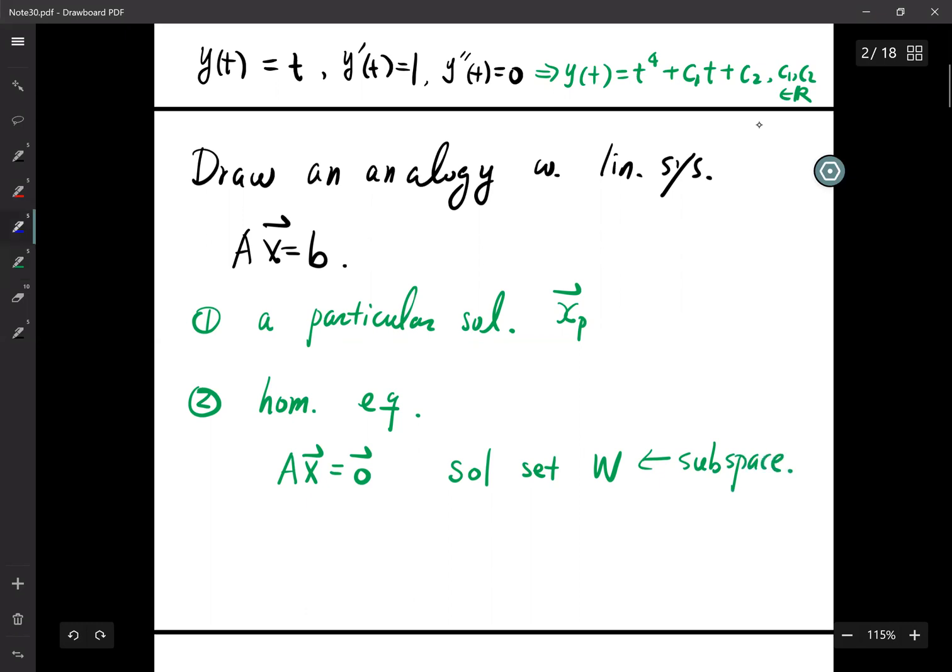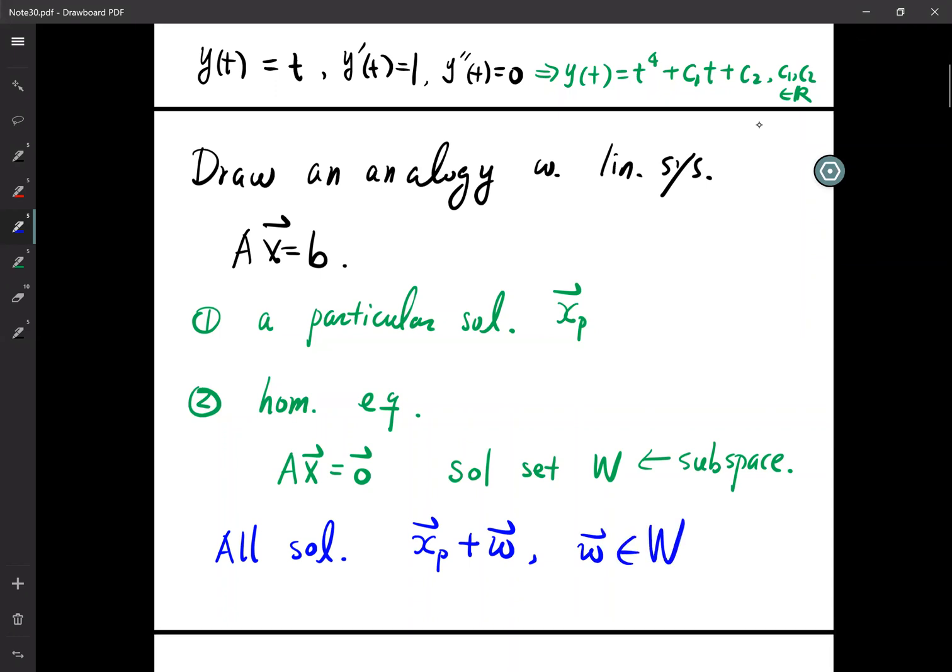Then we concluded that all solutions must be of the form X_P plus a vector w, where w is in the subspace W, the solution to the homogeneous equation. So there's no other possibility, and we proved this in chapter 1.